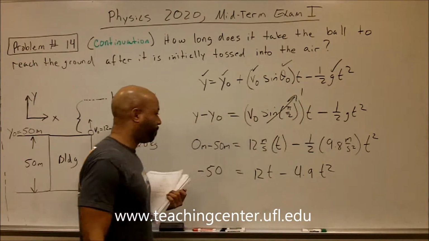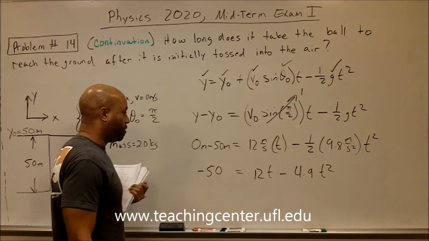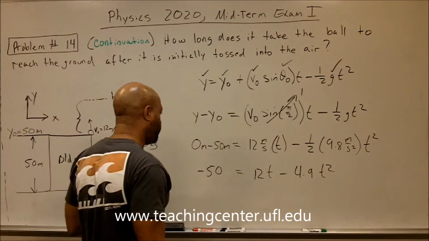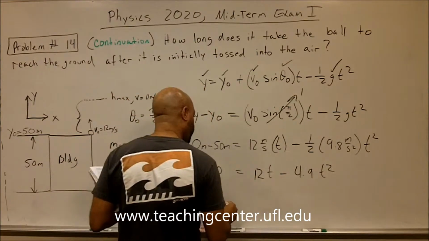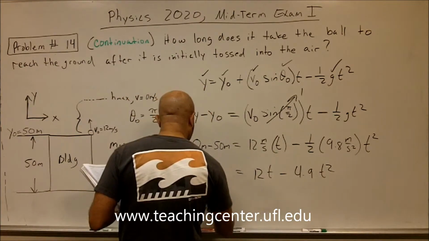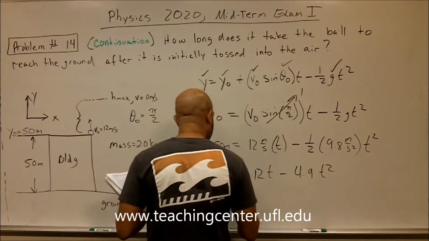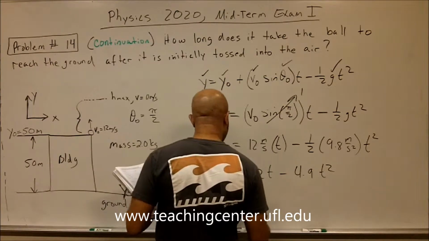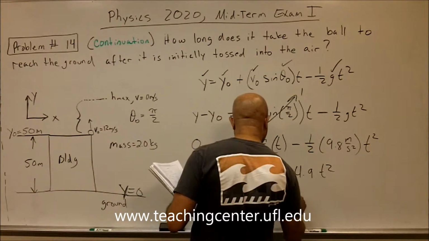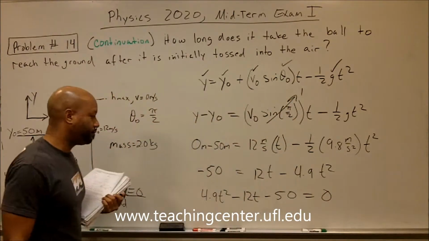All right, and so since we want to solve for t, let's go ahead and rearrange this equation in this way, where we have 4.9 t squared minus 12t minus 50 equal to 0.